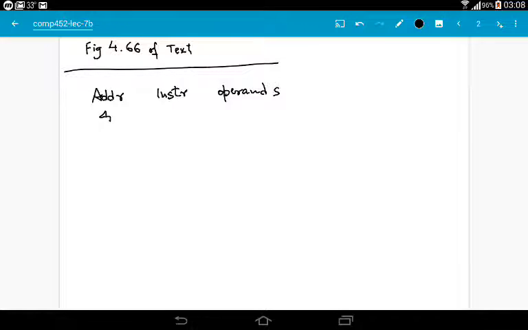So let's say at address 40 we have subtract, registers 11, 2, 4.